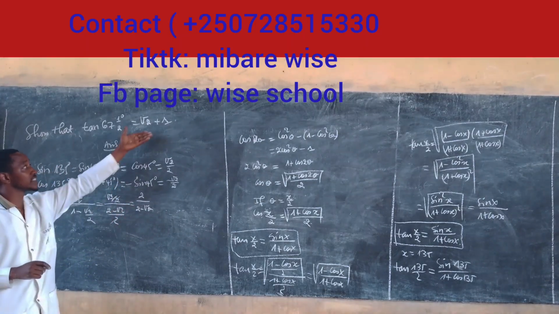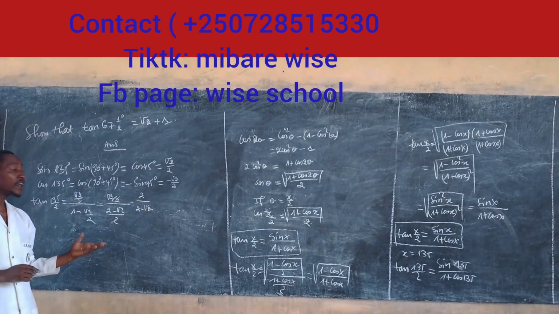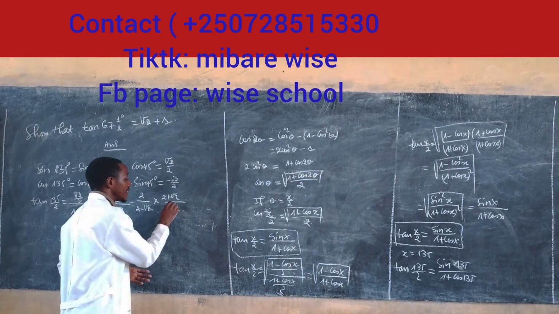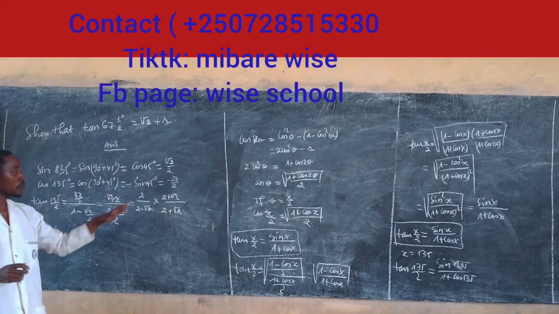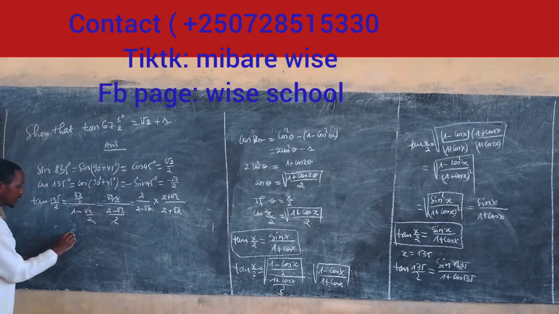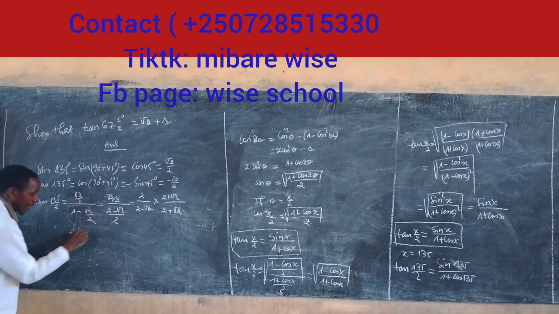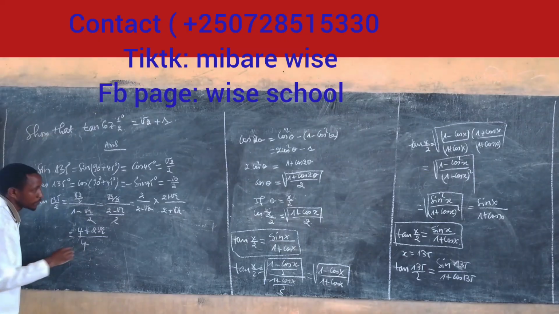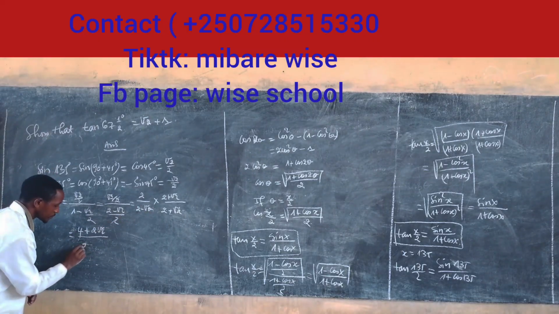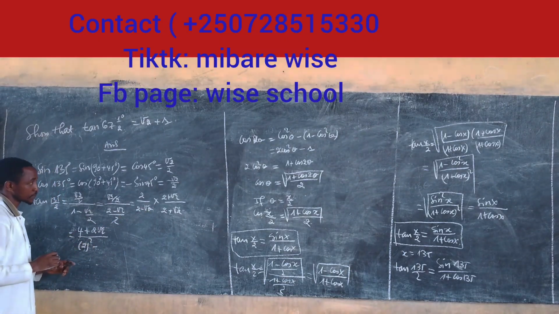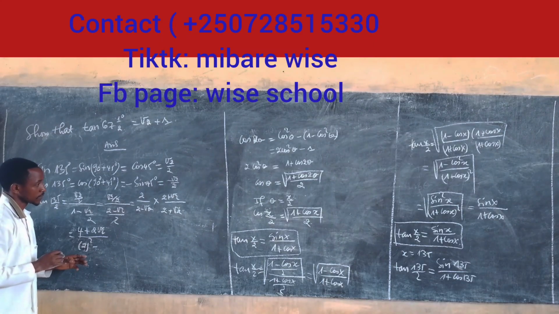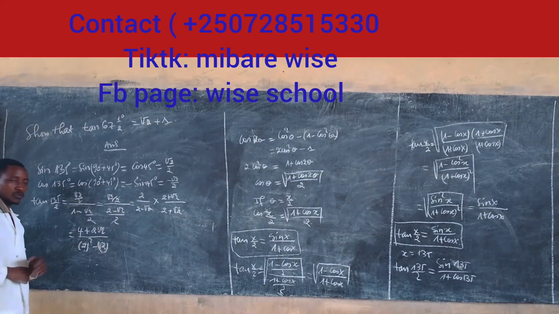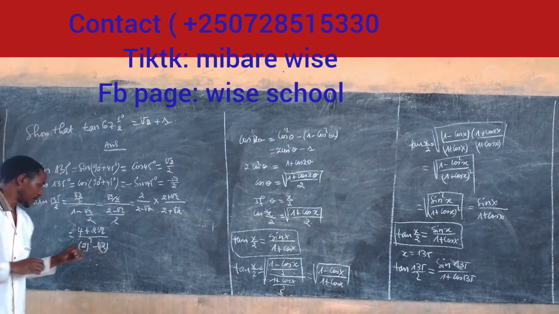So we need to prove that it is equal to that. We use rationalization. We multiply by 2 plus square root of 2 over 2 plus square root of 2. When we multiply this, we get 4 plus 2 square root of 2 divided by 2 power 2 minus square root of 2 power 2.